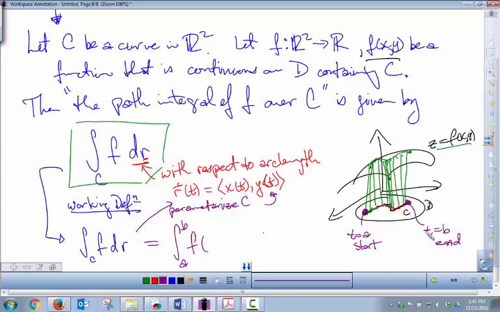But based on what we have started over here, we have t values for a and t values for b, and the single integral would probably be a function of t. So we're going to take our function x of t, y of t, and put that into the function f.